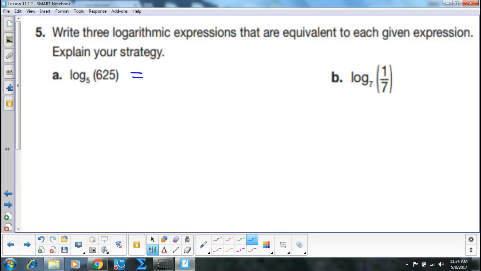No, 5 to the 3rd is 125. Look, 5 to the x power equals 625. But what is x then? X is 4. That right there, that's a true statement. So now give me another logarithmic expression, log base something of something, that's equal to 4.